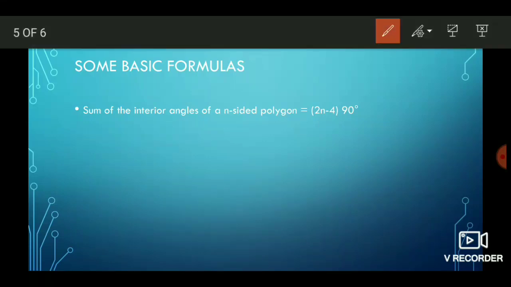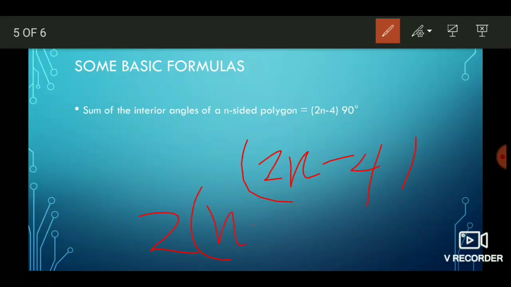First of all, in 2n minus 4 you have to take 2 as common. If you take 2 as common, then what will it be? n minus 2.